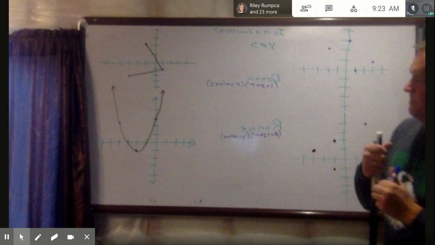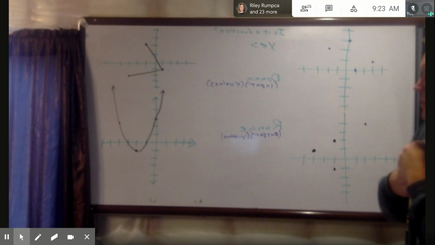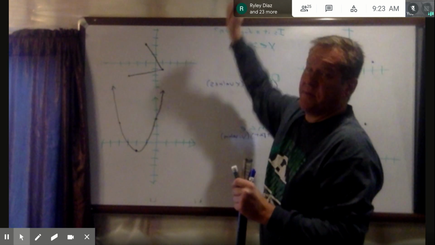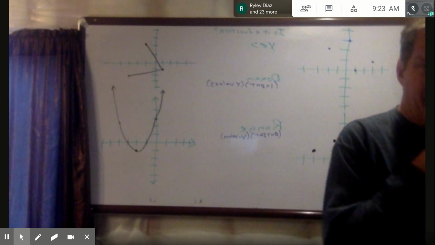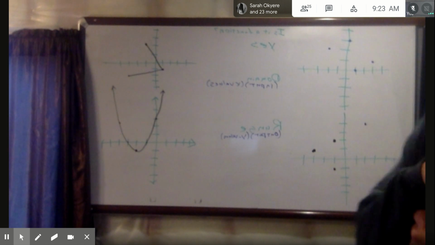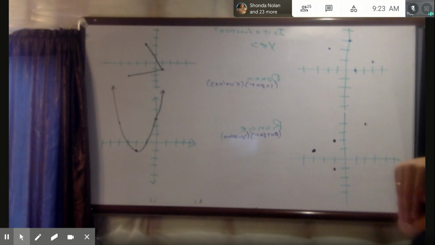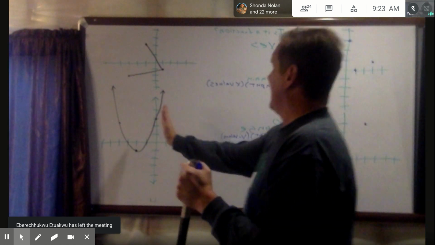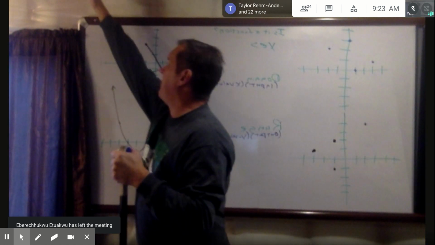The domain. Right. This one's a little bit tricky. How far is this graph going to go to the left? Riley, how far is it going to go to the left? Forever. How far to the right, Riley? Forever. It is going to the left forever, into the right forever.